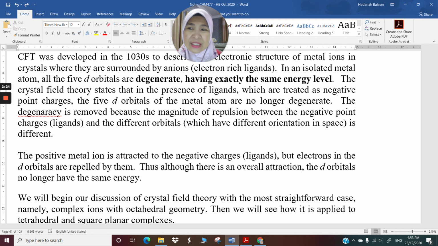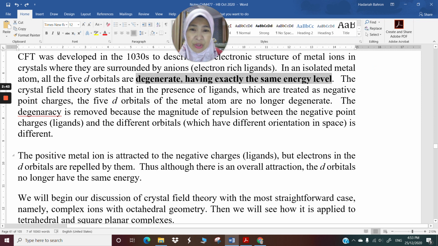In an isolated metal atom, with no ligands around it, all the 5 d orbitals are degenerate. Degenerate means they have exactly the same energy level. So when you draw the 5 d orbitals of transition metals, you draw them all at the same energy level, like I explained in my previous lecture.